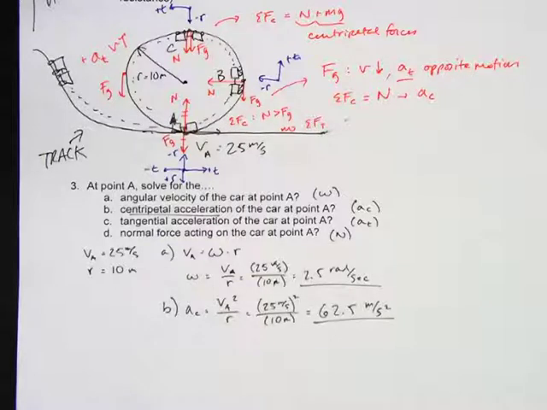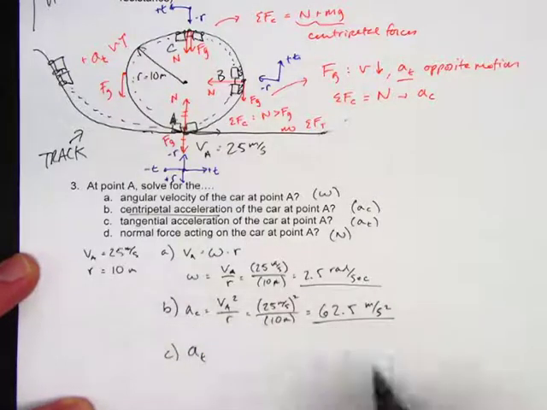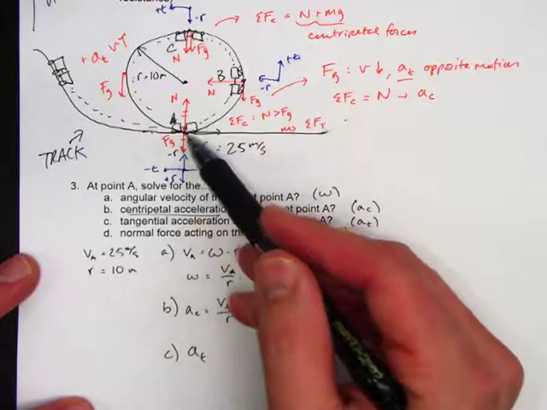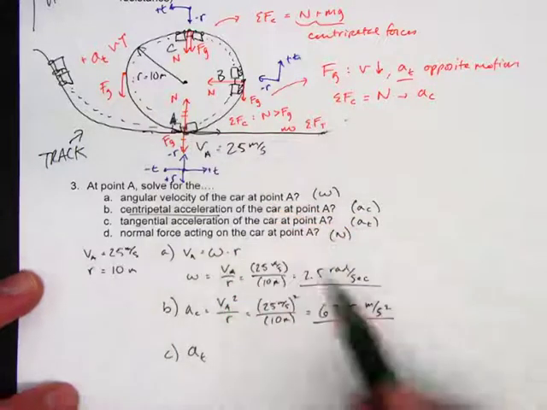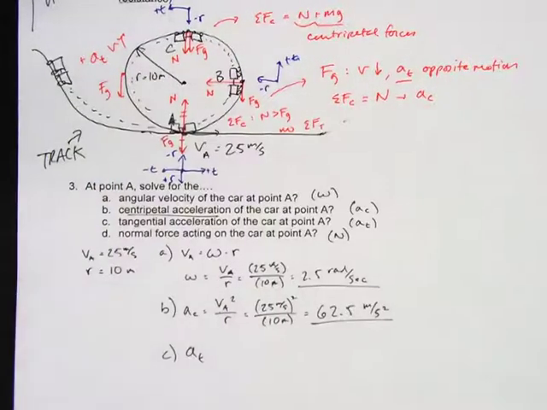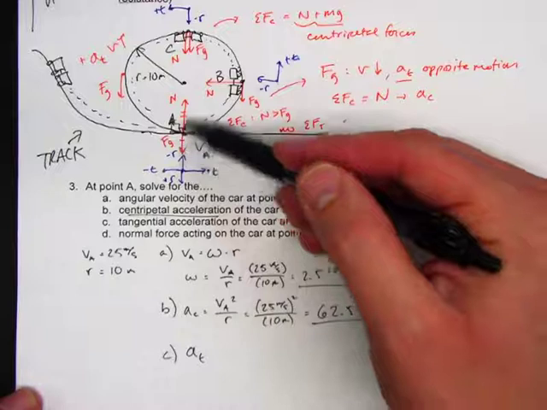Now, what's the tangential acceleration of the car at point A? Tangential acceleration will exist when we have a net force in the tangential direction. Now, we're neglecting friction and air resistance here, so in reality we might have some friction and air resistance causing the cart to slow down at that point. But if we can neglect that, notice that we only have centripetal and centrifugal forces, which are only in the radial direction.